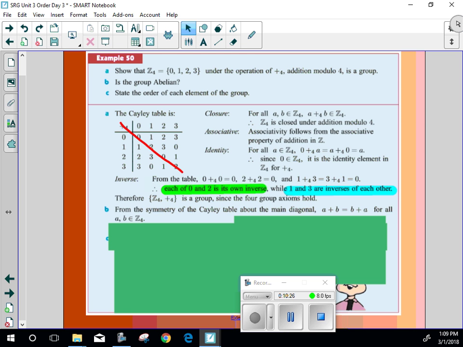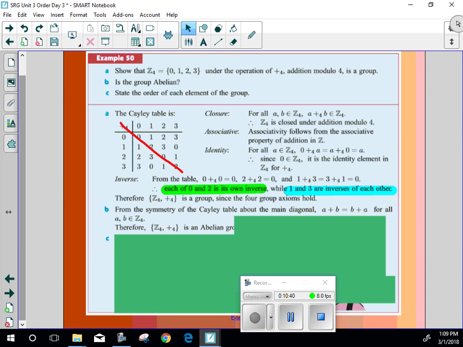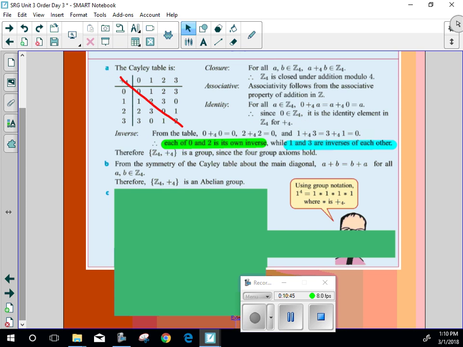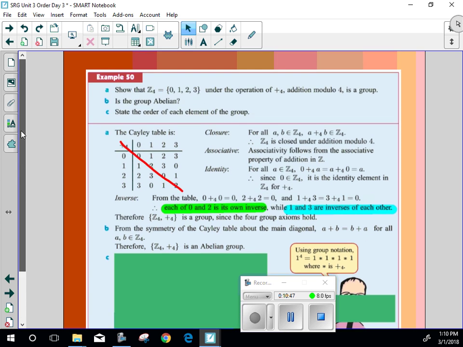That's that symmetry. I'd even say symmetrical along the main diagonal. That's all you need. And then don't forget, a, b is an element of Z4. And then the last part: therefore it's abelian.